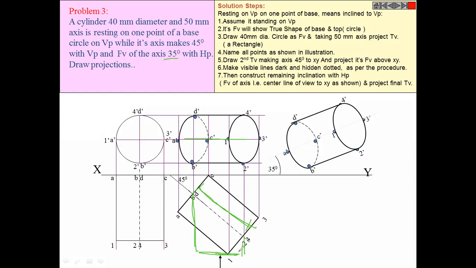Are you getting me? So you need to take the apparent angle method into the picture. For that, the axis is making 35 degrees. So at 35, the axis means the actual thing. So you will draw that at 35.